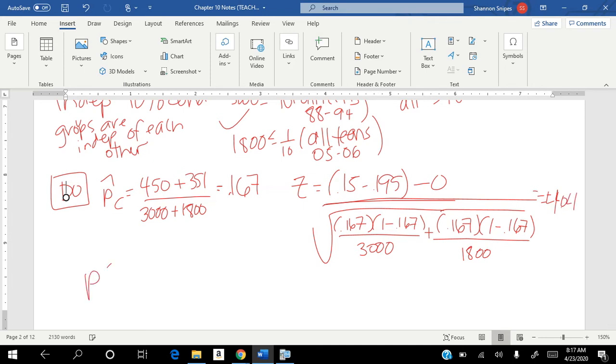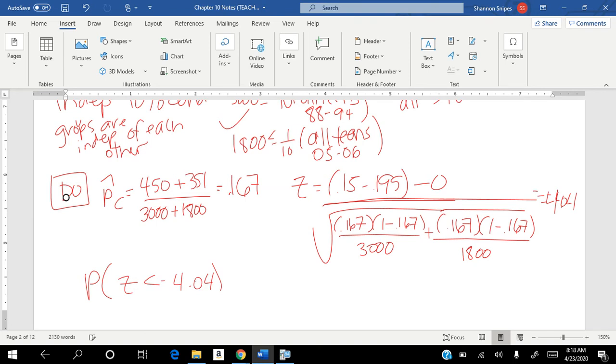So we need to find the probability that this z-score is, go back to your alternative. We were saying that our first proportion from our first sample was less than the second one. So we're going to find the probability z is less than -4.04.